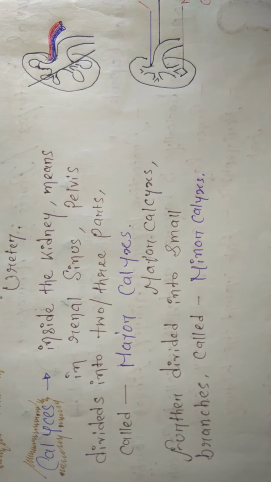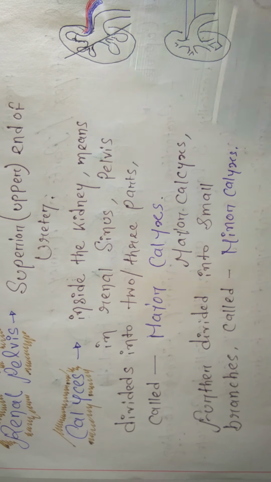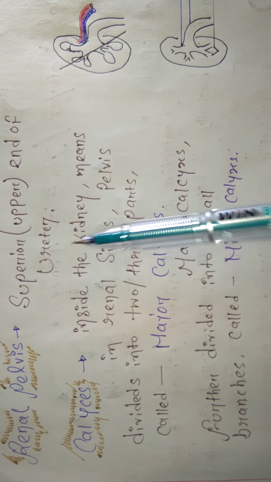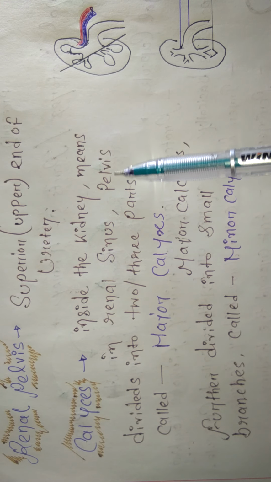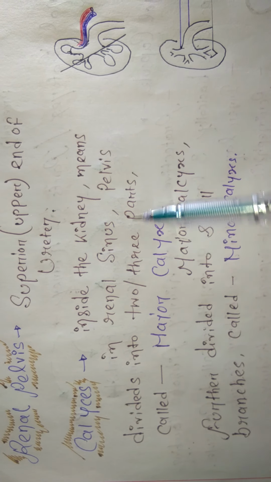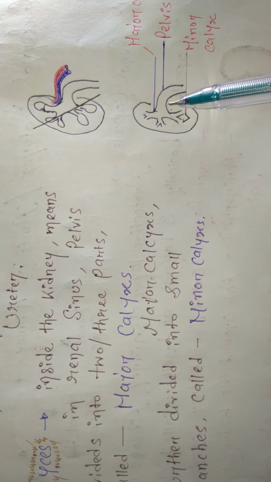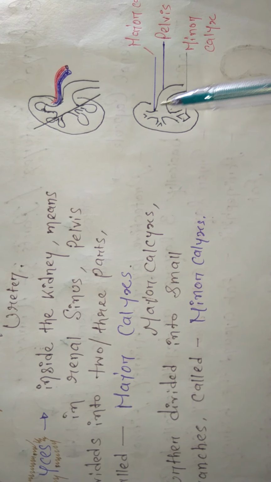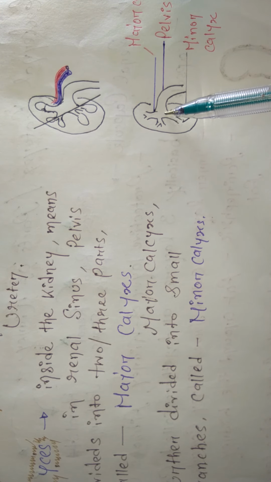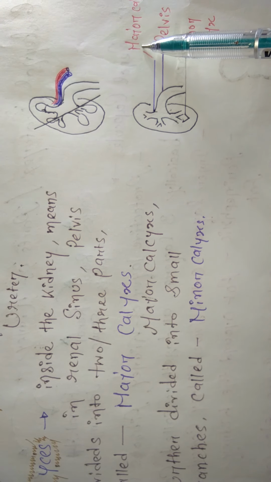Now calyces. Let's see what calyces are. Inside the kidney, in the renal sinus, the pelvis divides into two or three parts. This is the pelvis. The pelvis divides into three parts, and these are called major calyces.